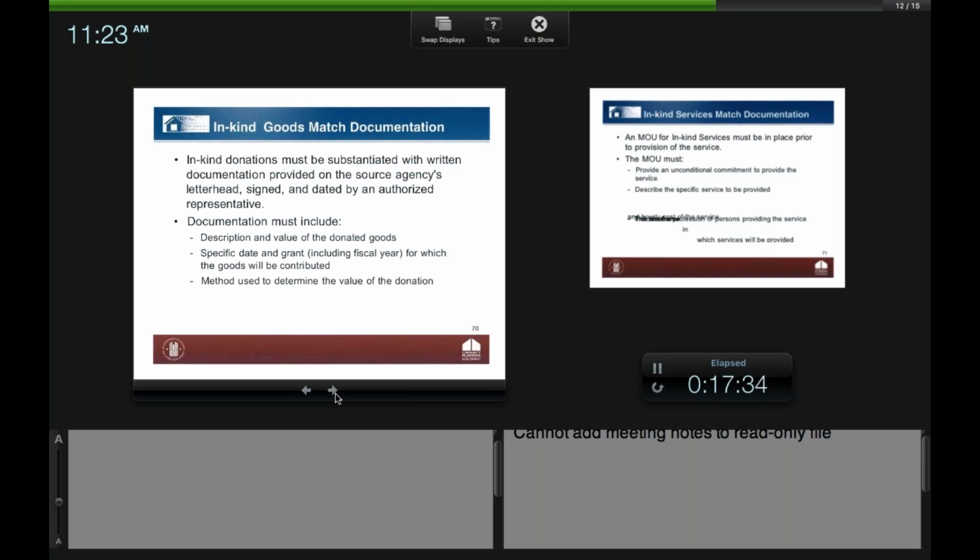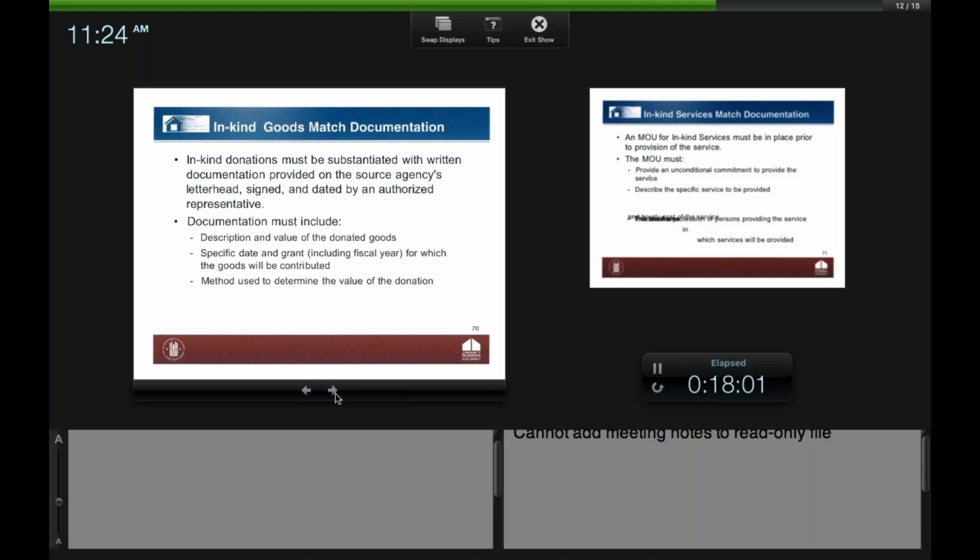That in-kind can be from their own personnel, their own equipment, or items that they are going to be donating to the program, but whatever that donation is, again, it must be substantiated and tracked with written documentation on letterhead, committed appropriately and dated.